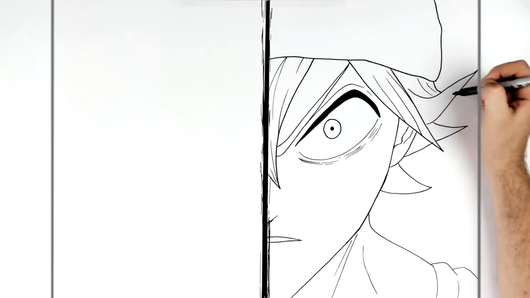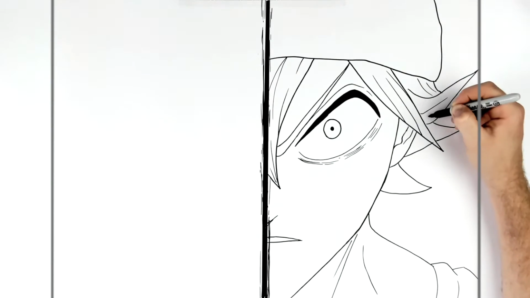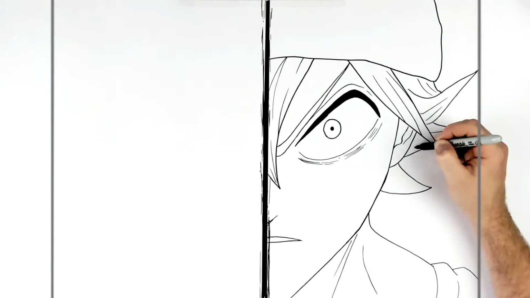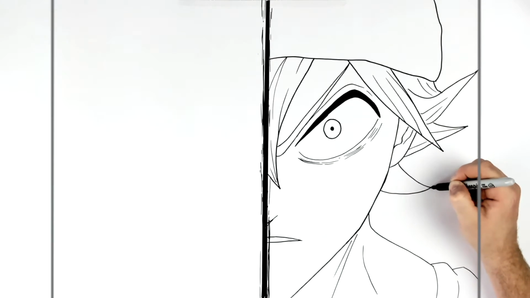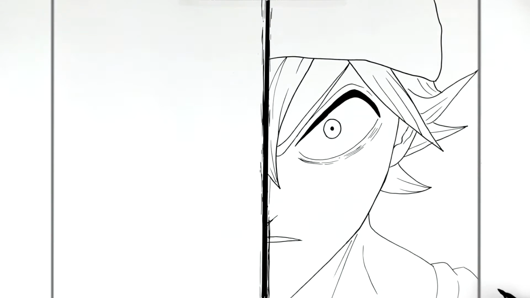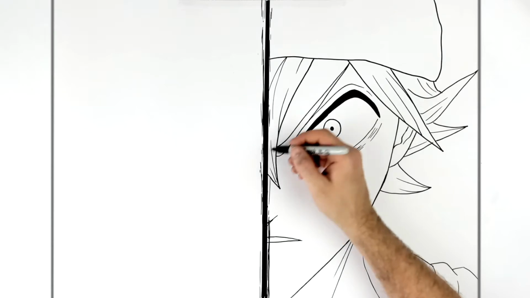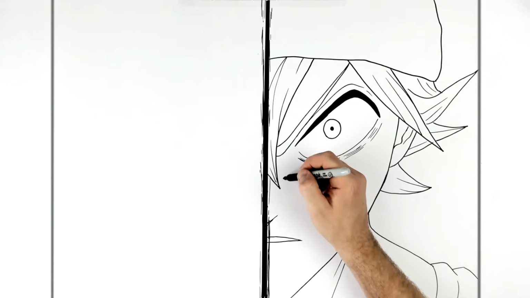As many of these as you want. You're just following each hair spike, adding the texture on it, like so. They seem to put some hatching lines just here.